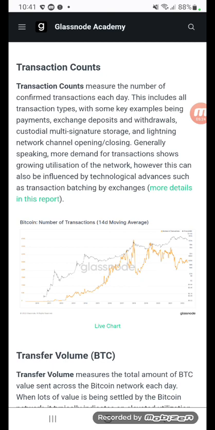Generally speaking, more transactions means greater utilization of the network. However, this can also be influenced by technological advances and transaction batching by exchanges. More detail in this report.